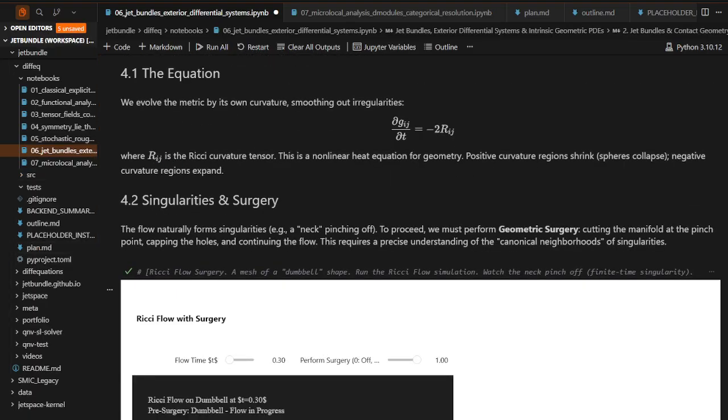So what we need to do is describe the dynamics of this metric: the temporal derivative of the metric is equal to -2 times the Ricci curvature. The metric flows as dictated by the Ricci curvature. That means positive curvature shrinks, and spheres will essentially collapse, while negative curvature expands, and we get a heat-like smoothing. This is essentially what's governing the metric itself.